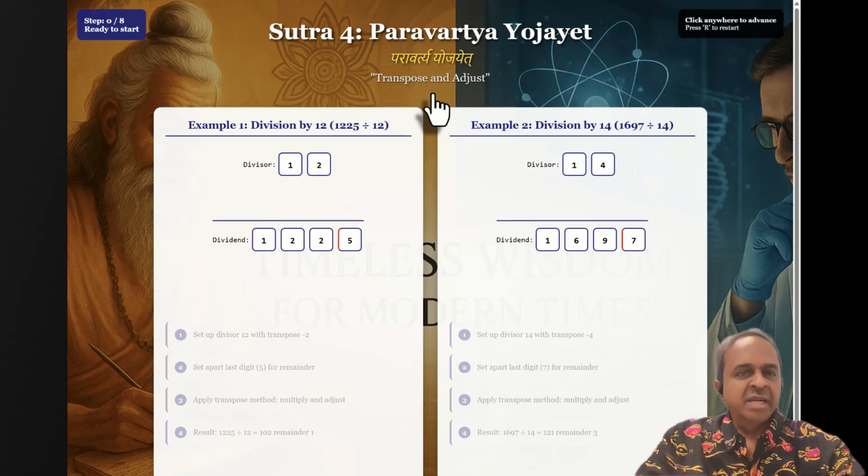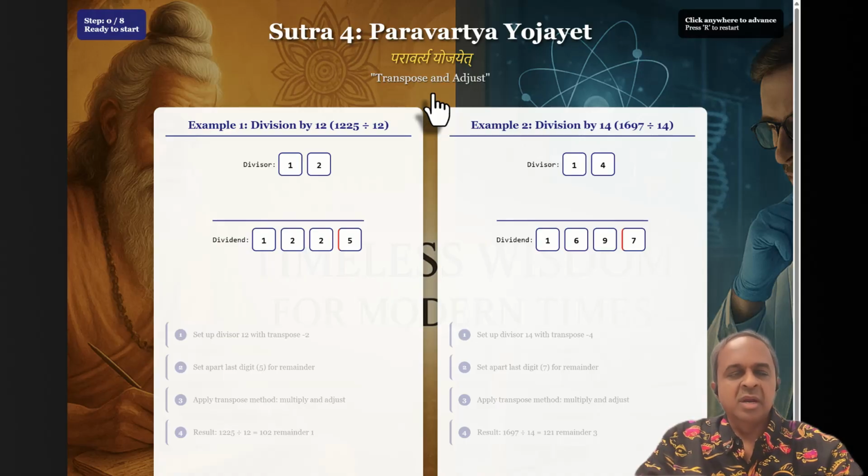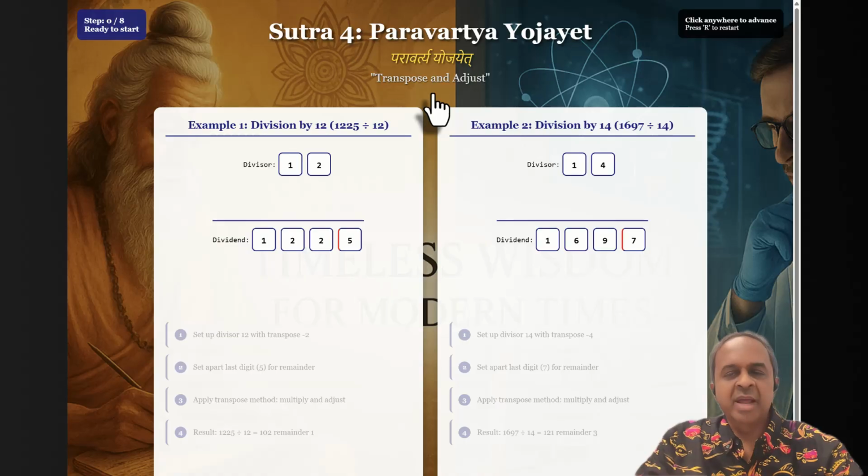So this ancient Vedic sutra provides an elegant method for division, like we just talked about. The traditional method uses a systematic transposition technique that transforms complex divisions into simple multiplication and addition operations, right?